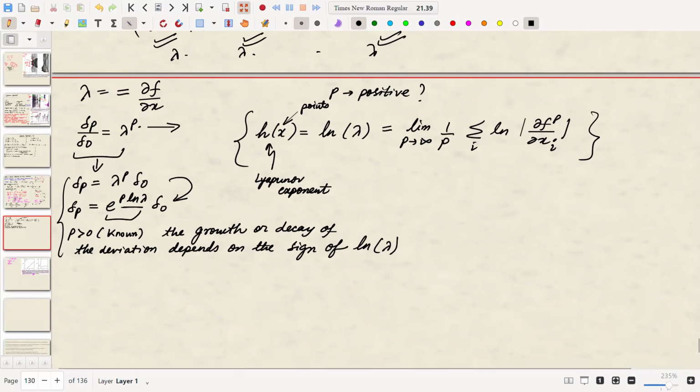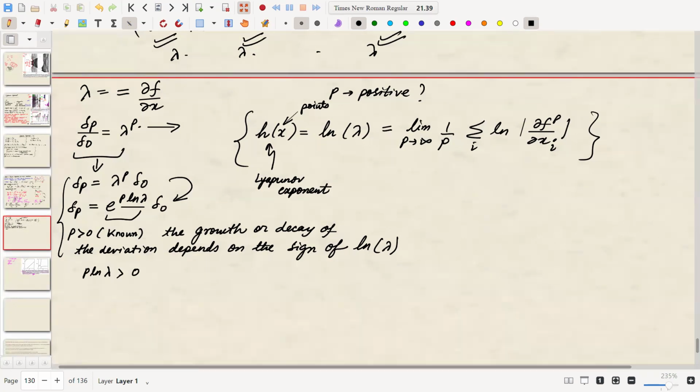So P ln lambda should be positive. If you want the deviation to grow, P ln lambda should be greater than 0. But you already know P is greater than 0, since P is a period. That implies ln lambda should be greater than 0 for the deviation to grow. If you don't want the deviation, ln lambda should be less than 0, negative.